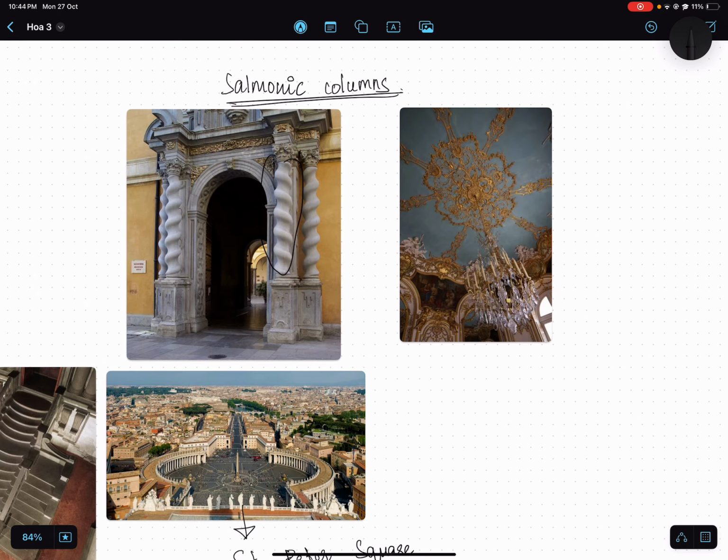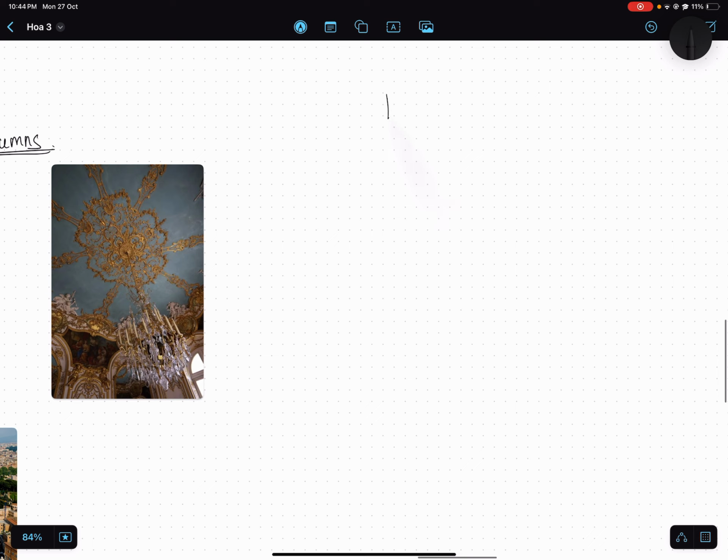Now lastly we have Rococo. Rococo can also be called late Baroque. And this dealt a lot with interiors, like the interior and the entire building flowed together.